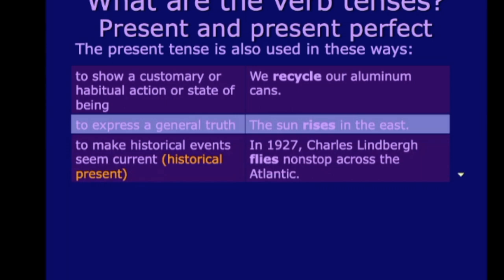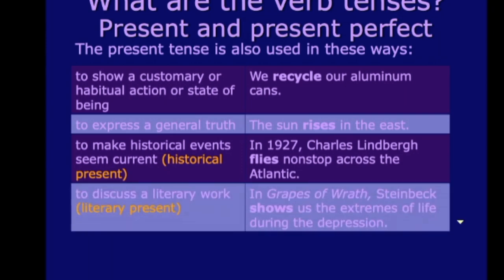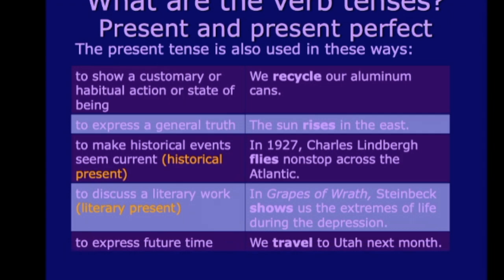To make historical events seem current: in 1927, Charles Lindbergh flies nonstop across the Atlantic. To discuss a literary work: in Grapes of Wrath, Steinbeck shows us the extremes of life during the Depression. To express future time: we travel to Utah next month.